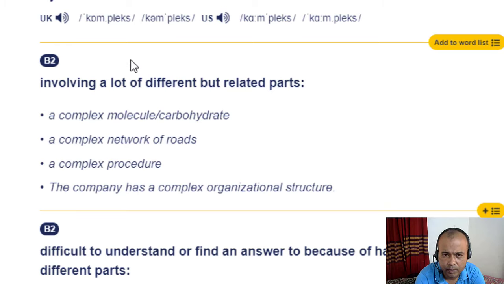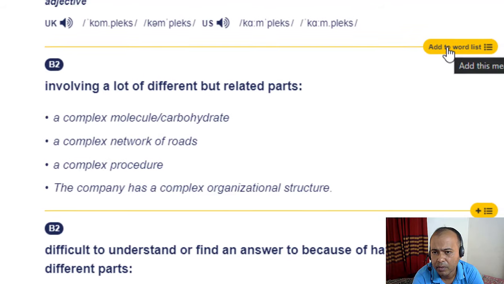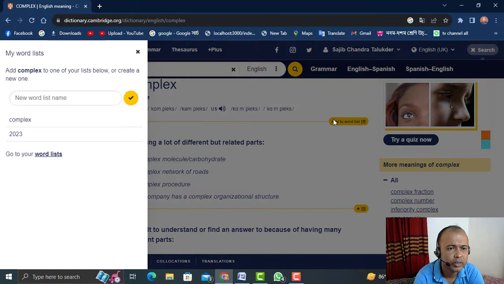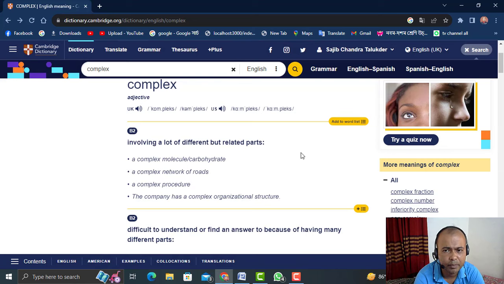And then people may cross this first part without watching this button. So I think it's very important here. If you click here, you would see this pop-up box, and this pop-up box is for saving this word for the next time.